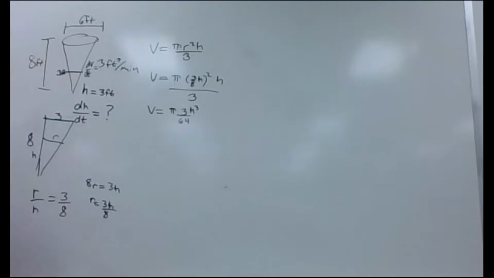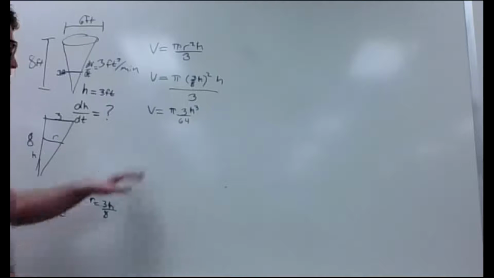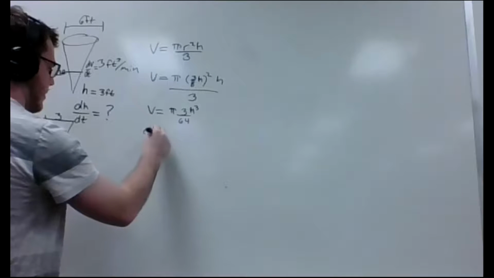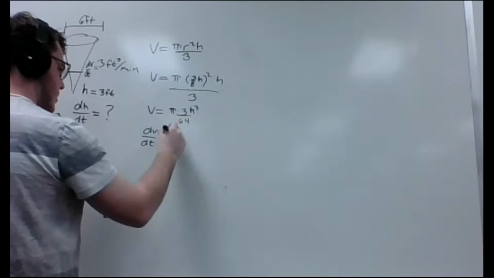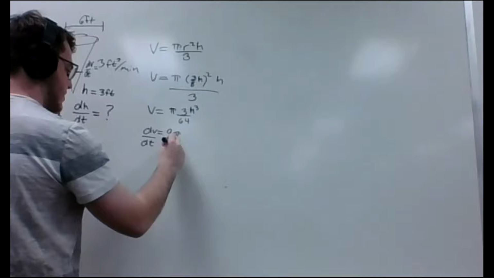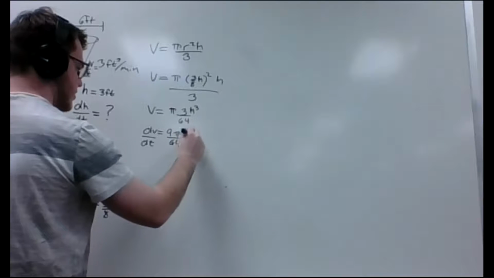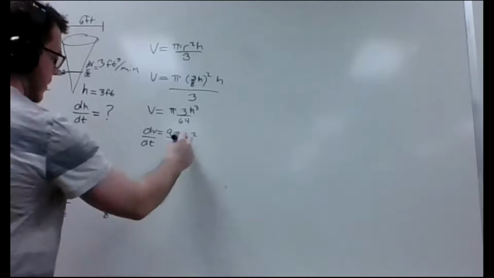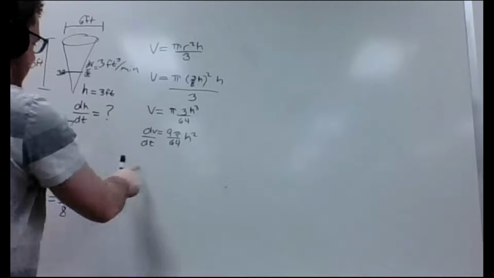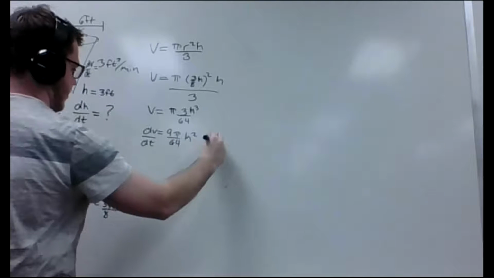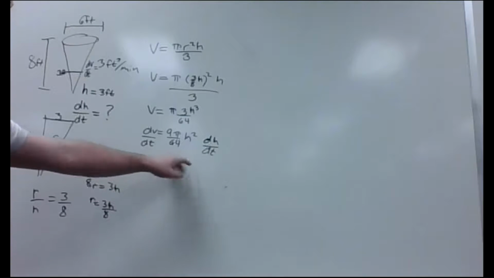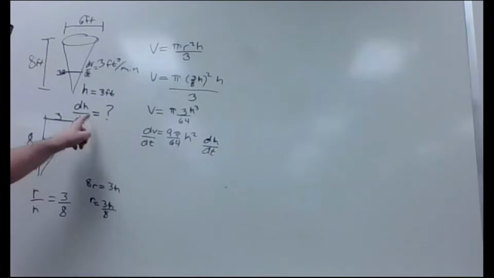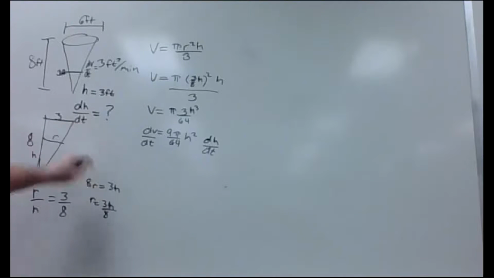That's our new volume equation. Now we can take the derivative of this. That would be 9 pi over 64 H squared, and we have to remember that H is dependent upon time, just as our volume is, so we end up with dH/dt on the end. And now we can plug in our numbers and solve for dH/dt.